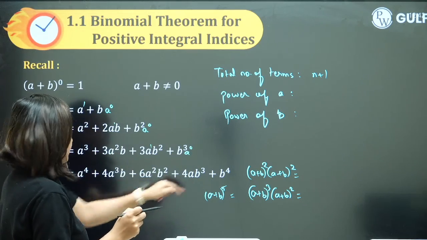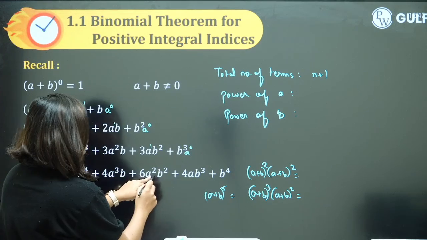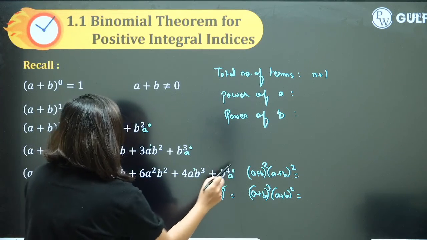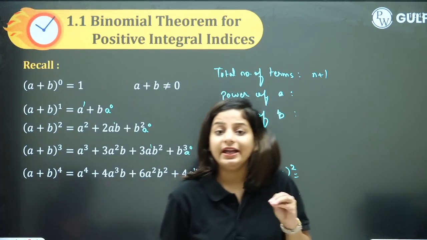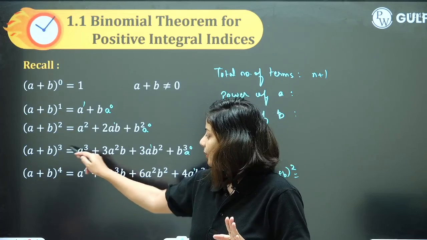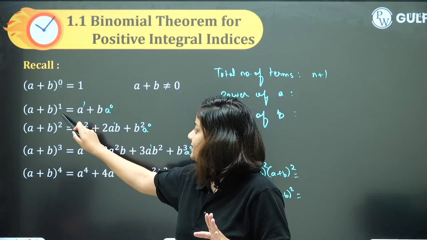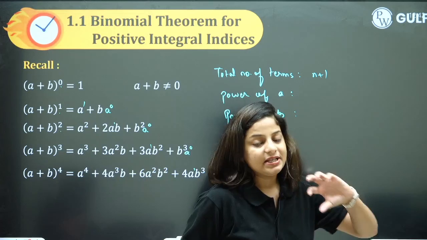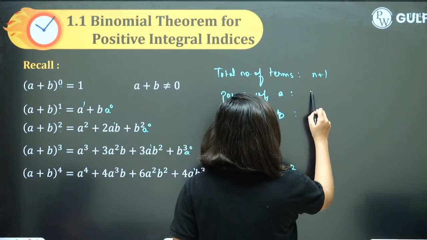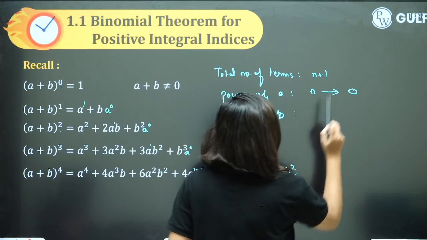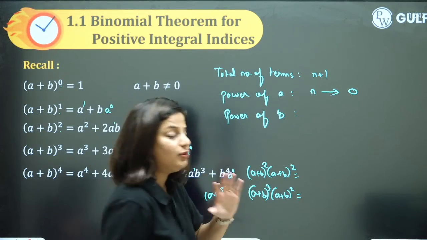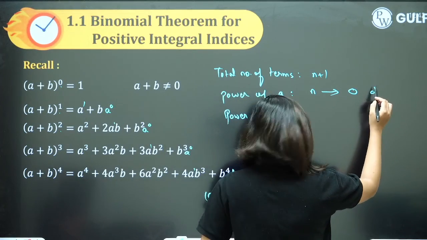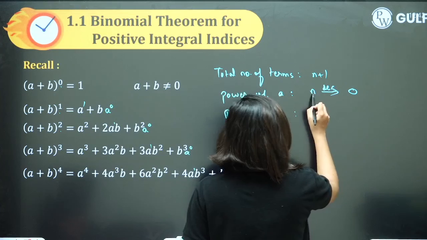Similarly 4, 3, 2, 1 and nothing means 0. So the power of a starts from n, where n is the index, and reduces to 0. Power of a is decreasing from n to 0.